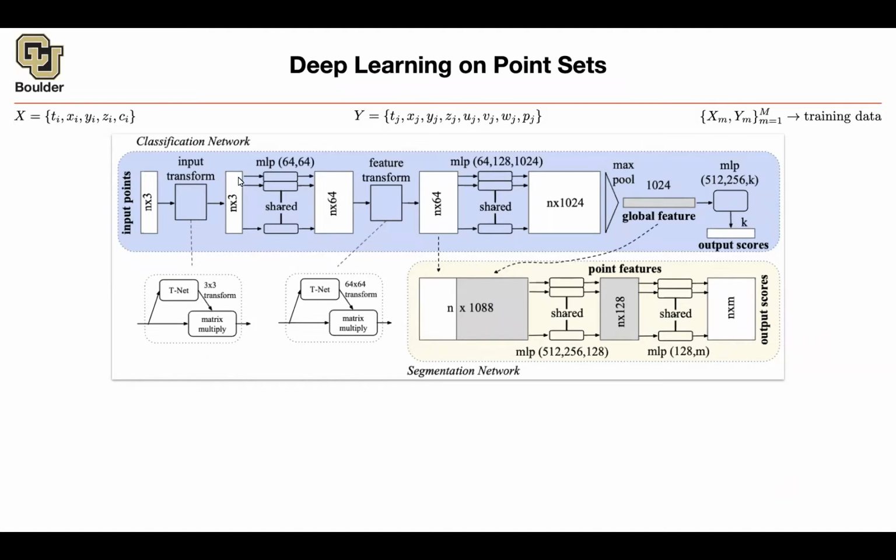But then it's going to do the same thing. It's going to be the same weights and biases, and you are processing each point independently. You do another transformation, change of coordinates, and then you keep doing the same thing. You take your points, push them one after another through your MLP, multi-layer perceptron.